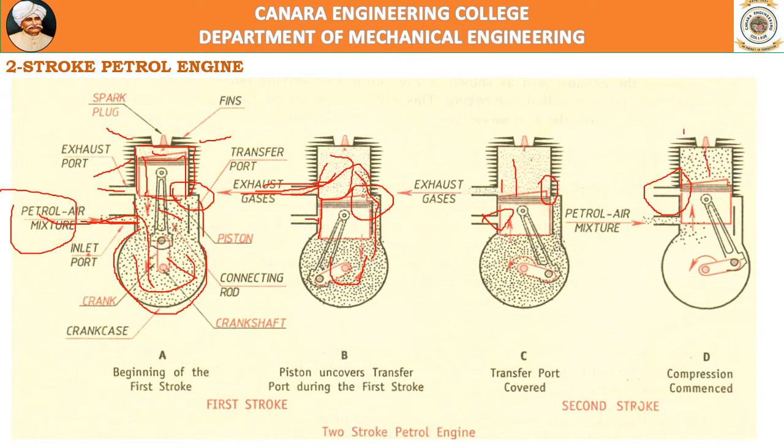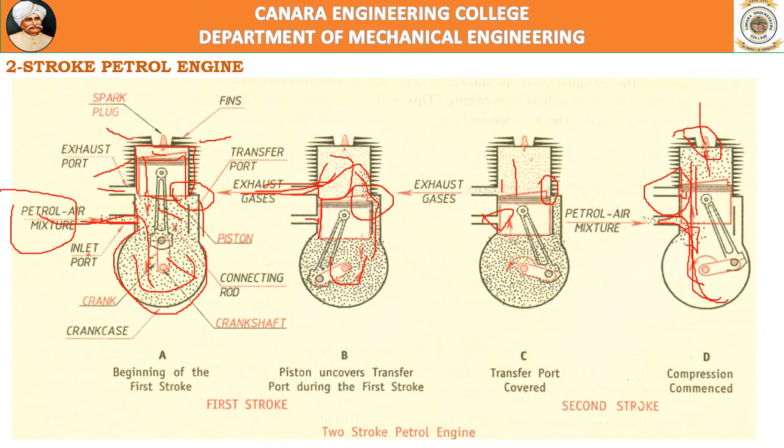At the end of compression, as usual, there will be ignition by the spark plug. Spark is generated, ignition starts, and the piston moves down towards BDC. That is called the power stroke. Here the exhaust port is closed, but the inlet port is open, so it starts drawing in the air fuel mixture.